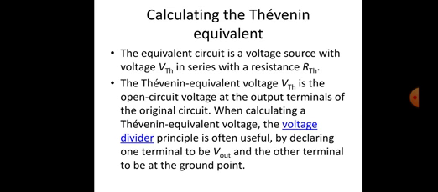When calculating a Thevenin equivalent voltage, the voltage divider principle is often useful, by declaring one terminal to be V out and the other terminal to be at the ground point.